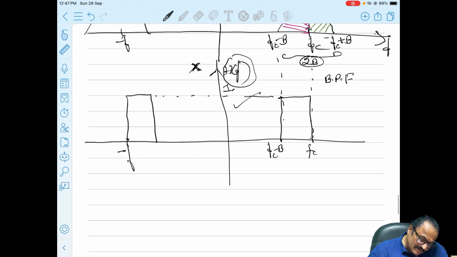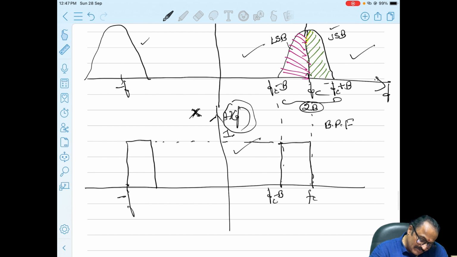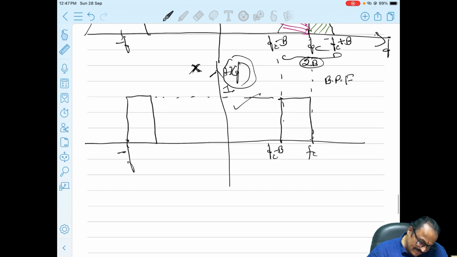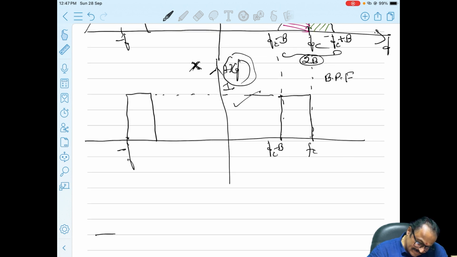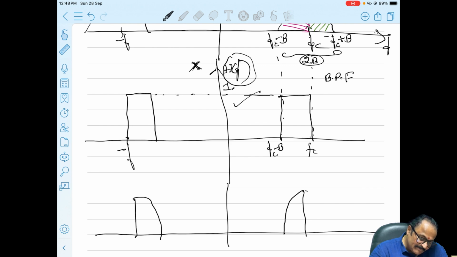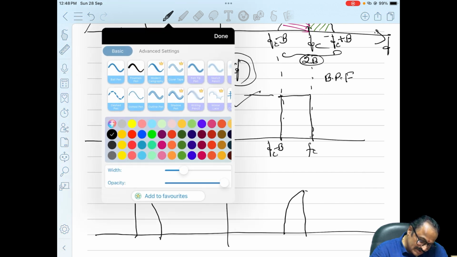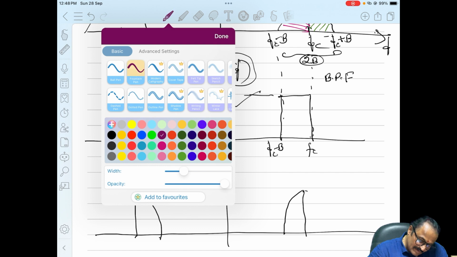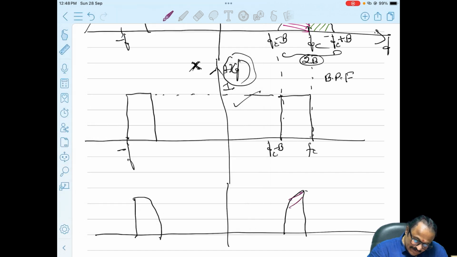You will get only this part. Something like this. This is the lower side band.